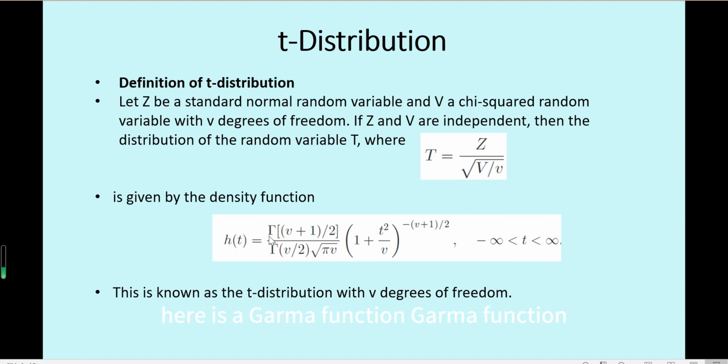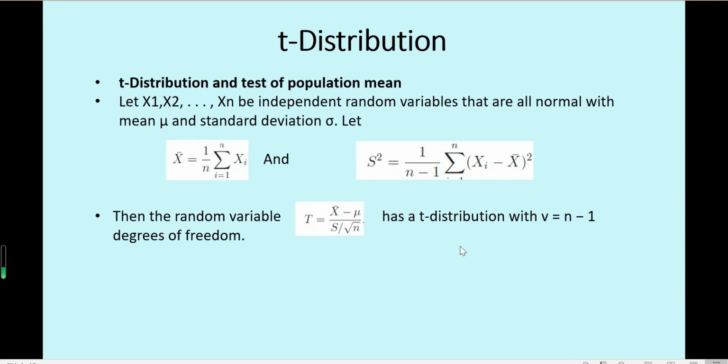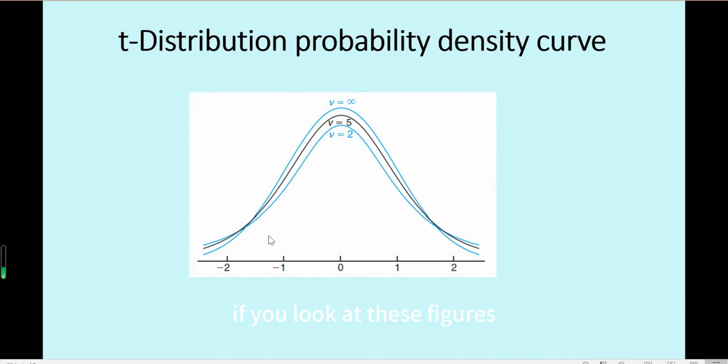Here is a gamma function, and the t-distribution's possible values range from negative infinity to positive infinity. It is quite close to the normal distribution. If we look at these figures, there are several curves for the t-distribution in terms of its degrees of freedom.